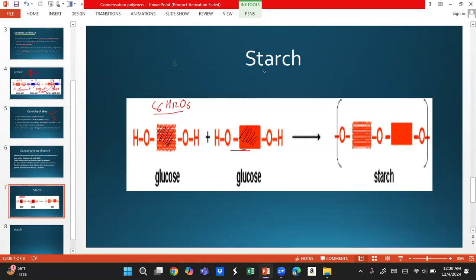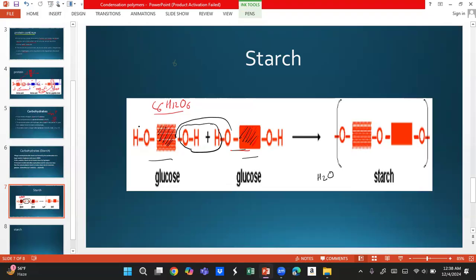So let's see a small segment of starch. When these two glucose molecules join together, what type of bond is formed? Let's see. OH from this side and hydrogen from this side are eliminated as water, and this oxygen will bind to this box here.